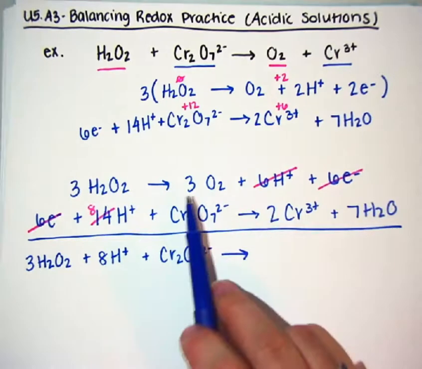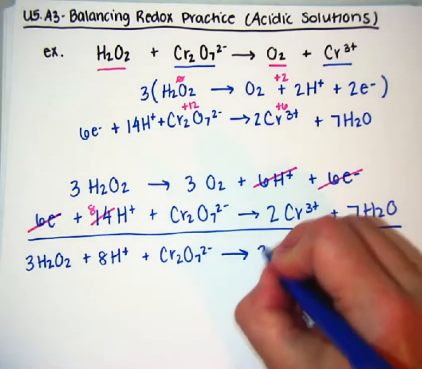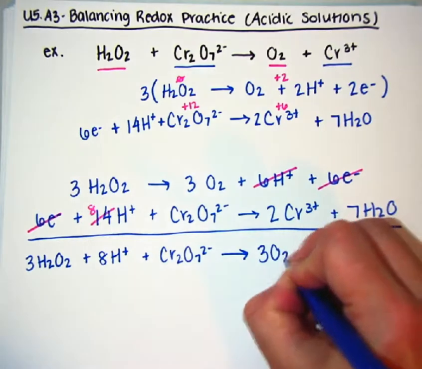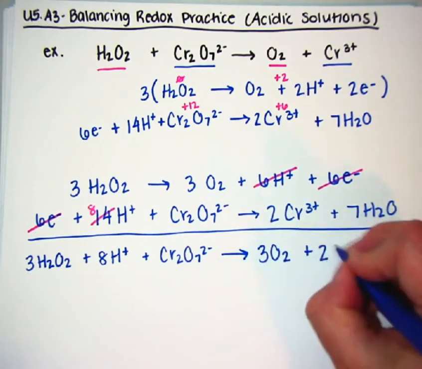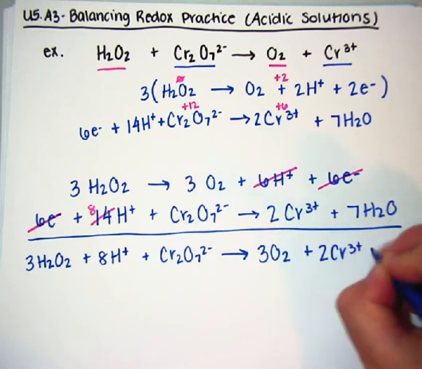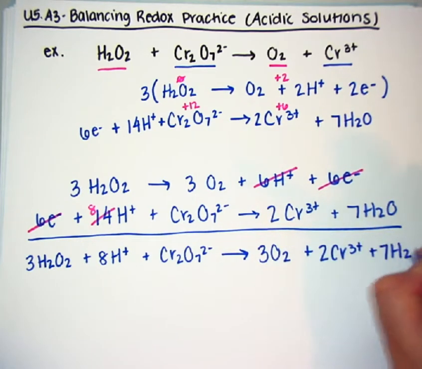And then same thing on the product side. So bring down your 3 oxygens. These both canceled, 2 chromium ions, and 7 H2O.